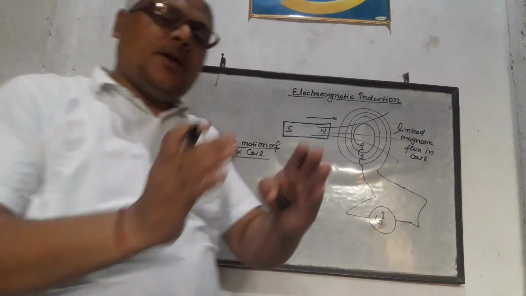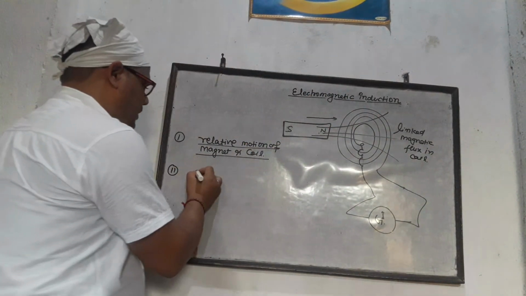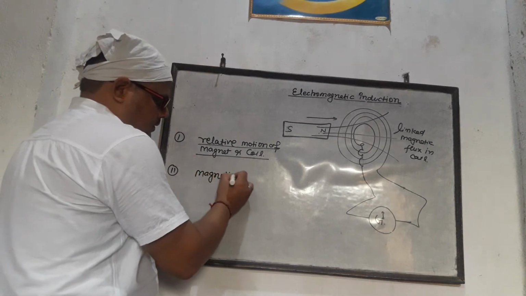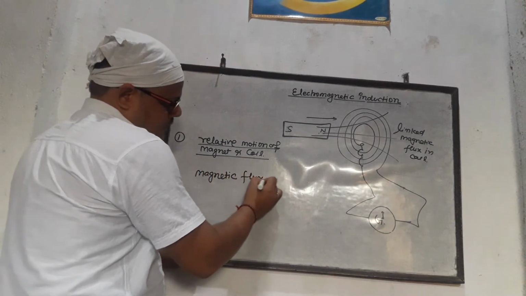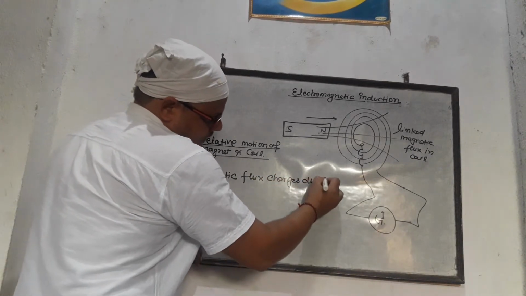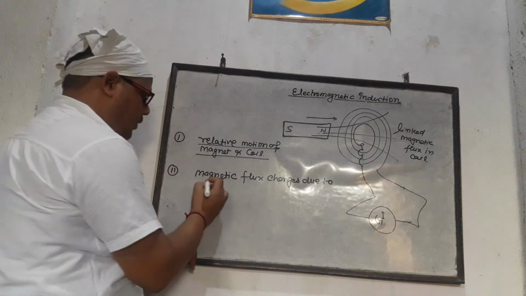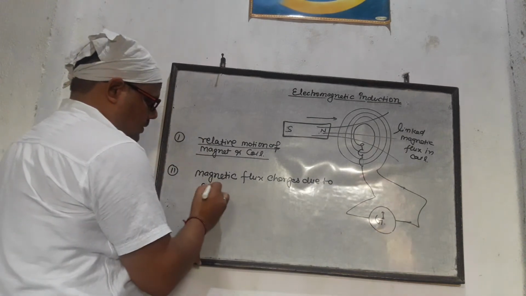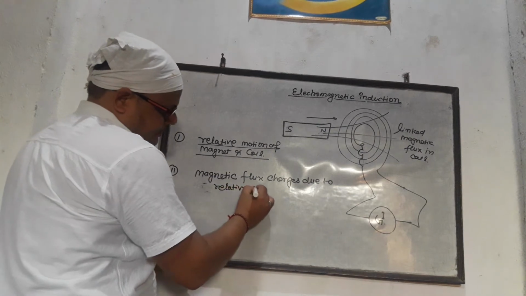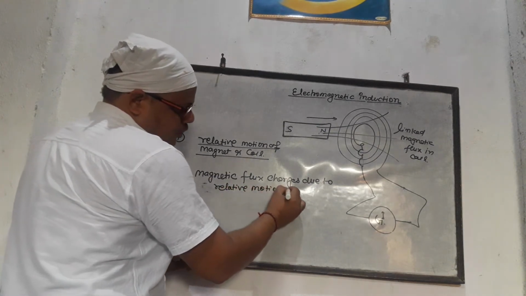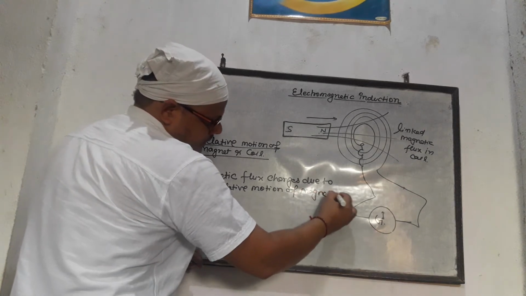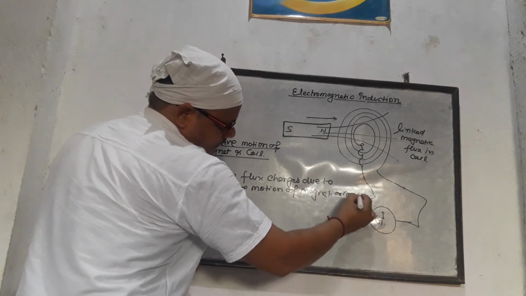Magnetic flux must be changed. Magnetic flux changes due to relative motion of magnet or coil.